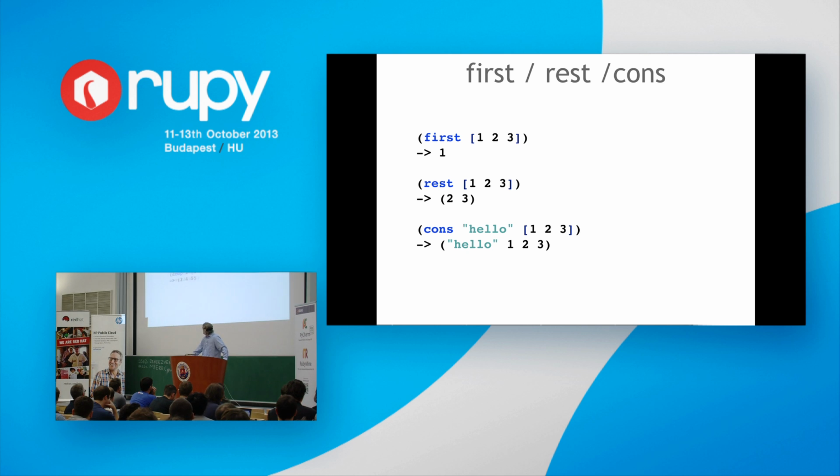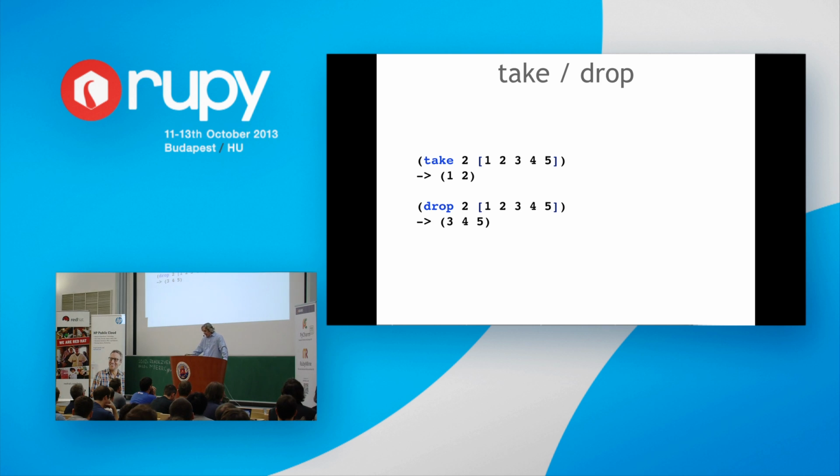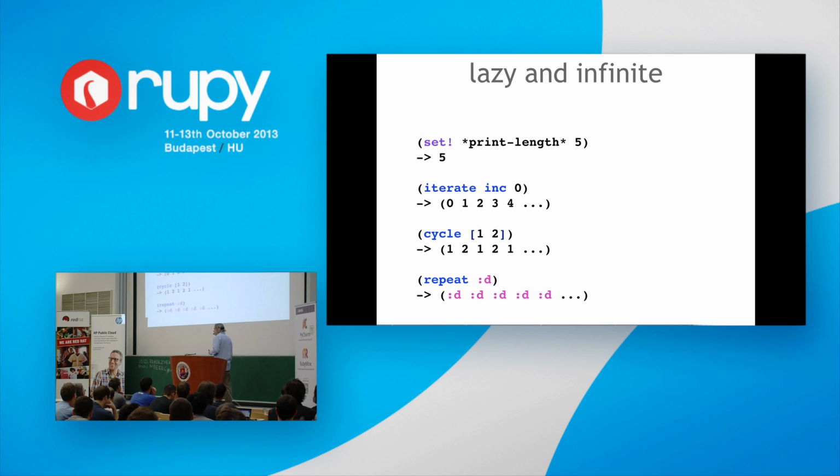And then there's a bunch of other things that are built on this. I can take 2, or I can drop 2 off the front. And more importantly, these things can be done lazily and infinitely. So the function call here, iterate inc 0, says generate for me the whole numbers.